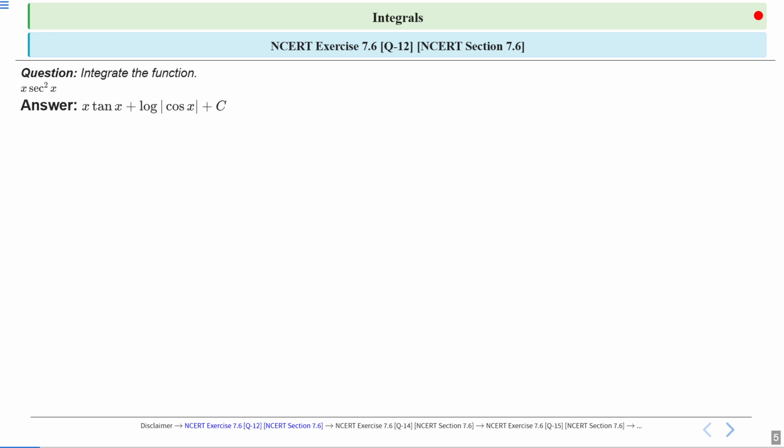So the answer is x tan x plus log cos x plus constant of integration.